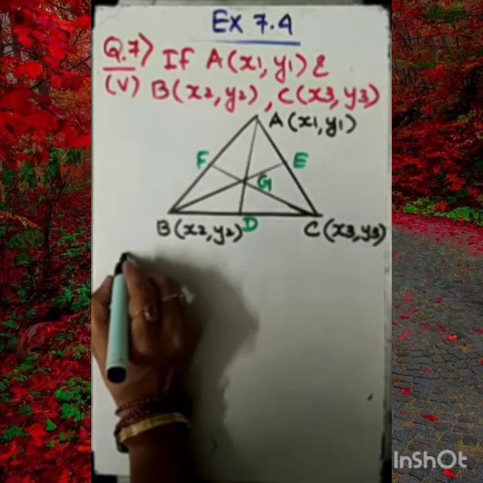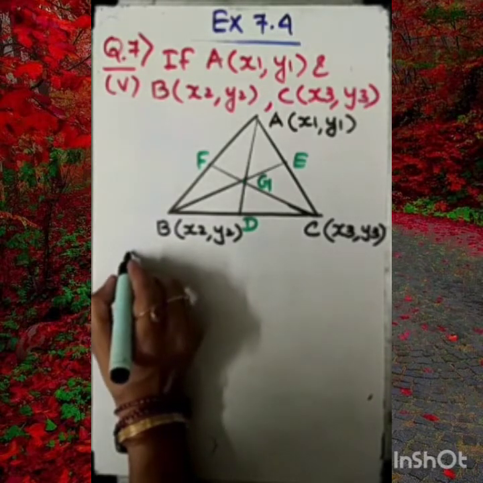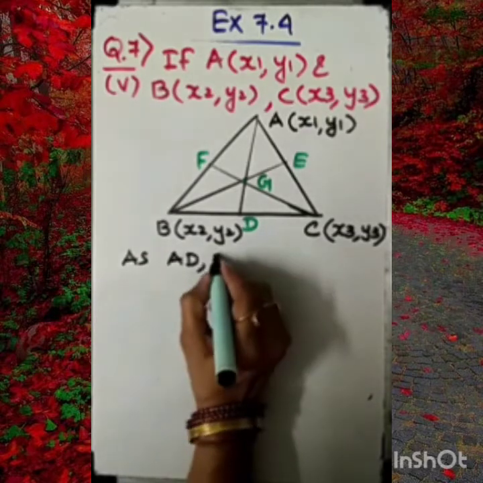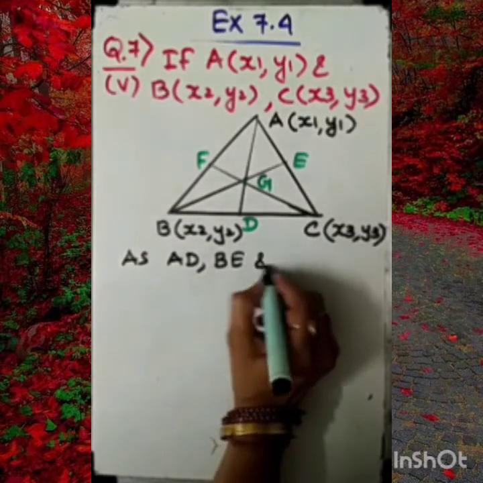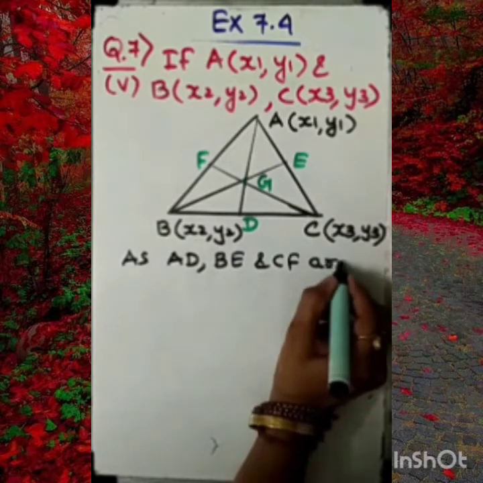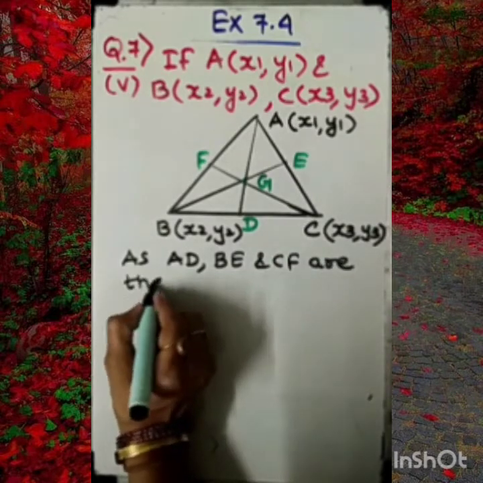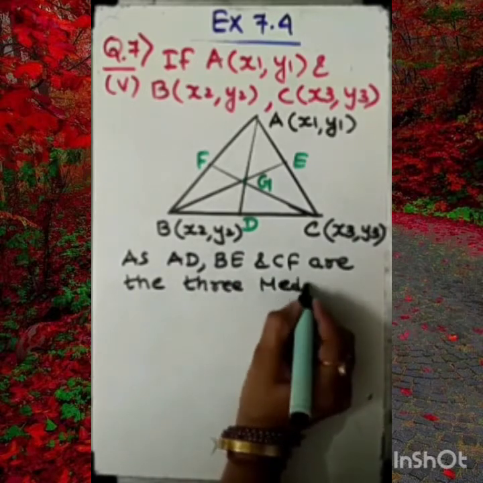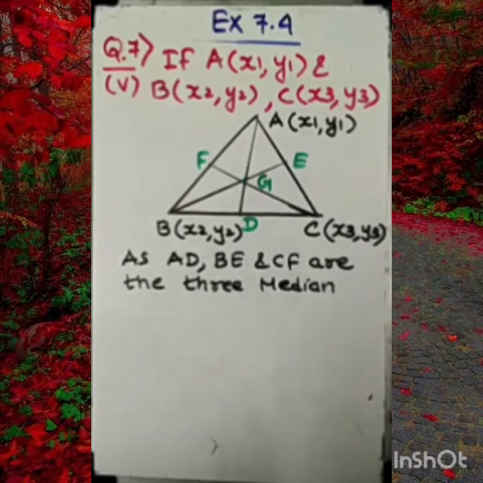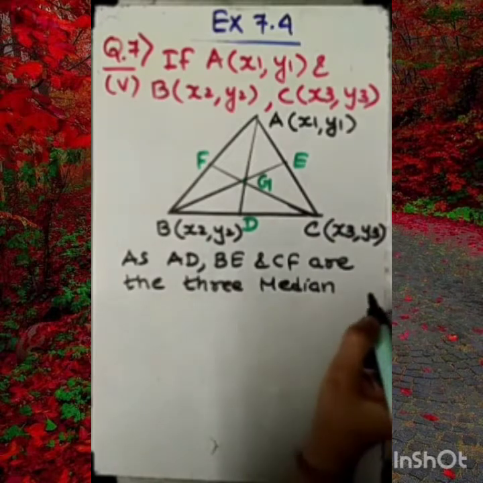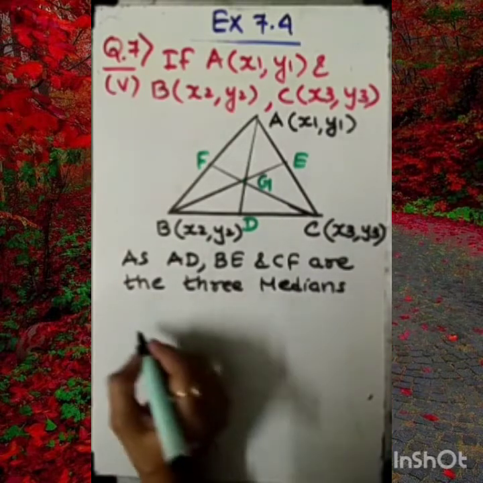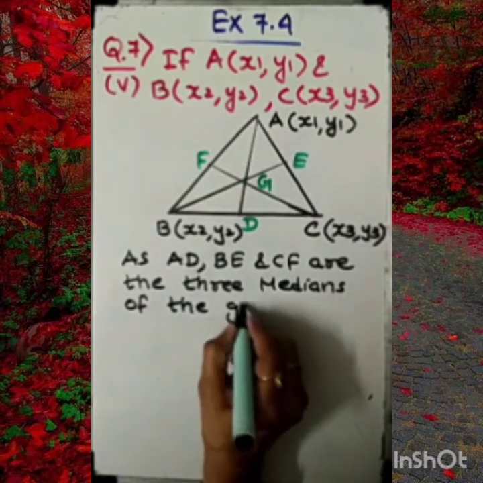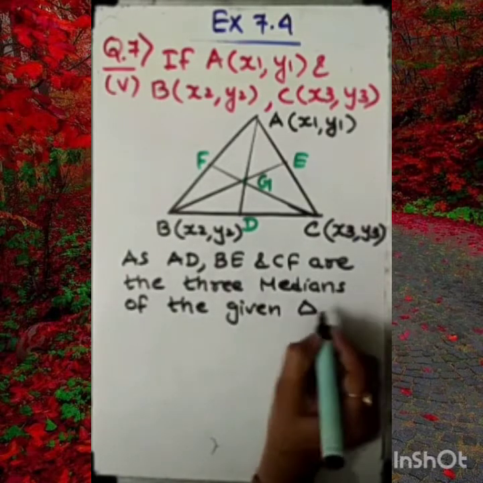But before that, we need to mention here that AD, BE, and CF are the three medians of the given triangle ABC.